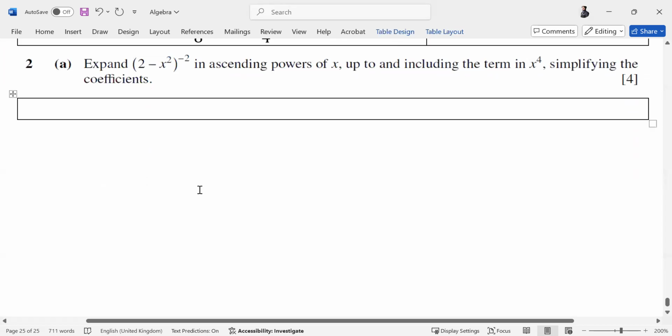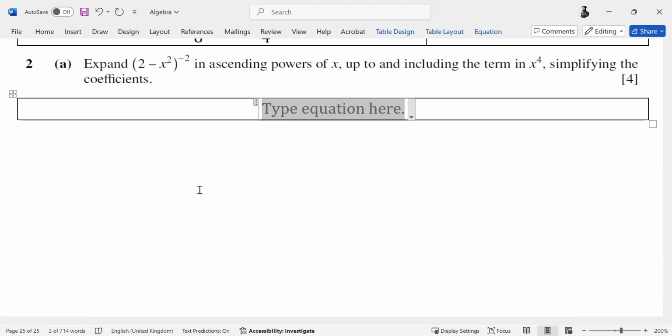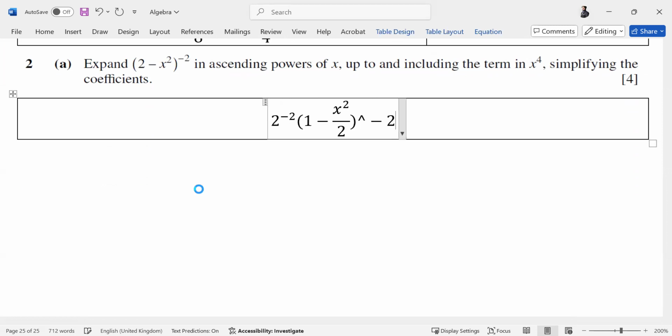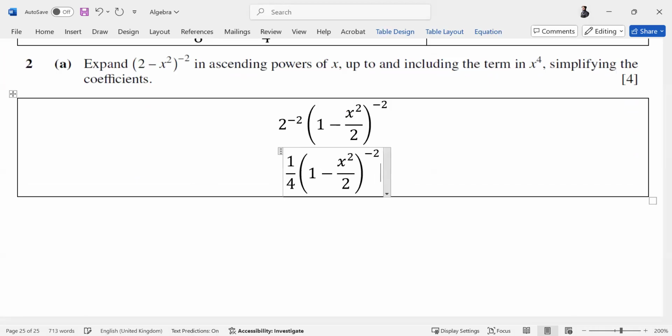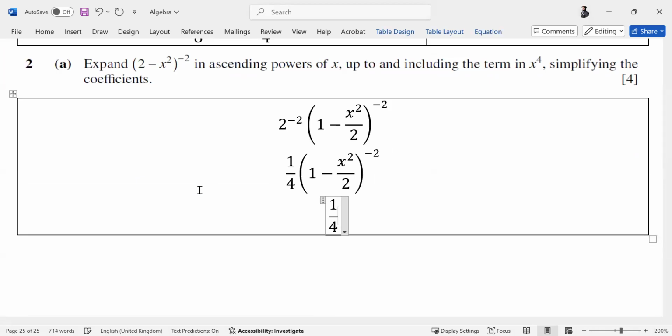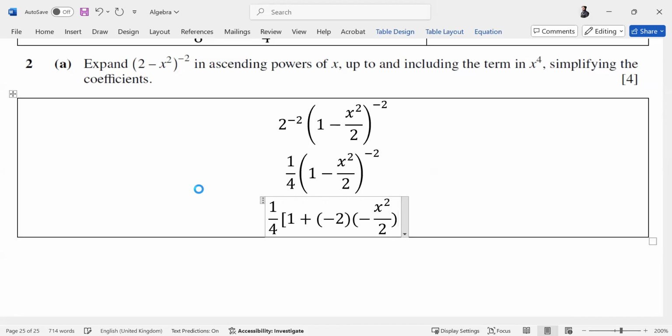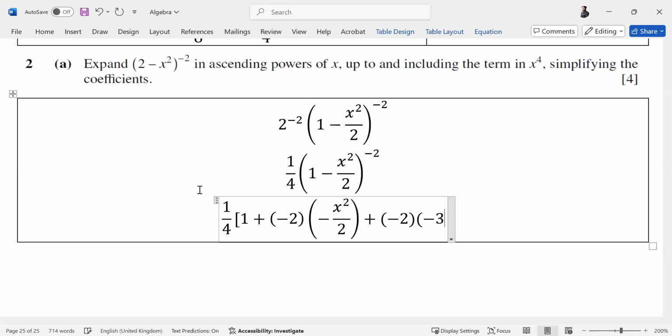Yes, brilliant. What will we do in this case? Brilliant. We'll take 2 as common, and the 2 that comes out as common will also have power -2. One upon 4, 1 plus -2 to -x, n -1.